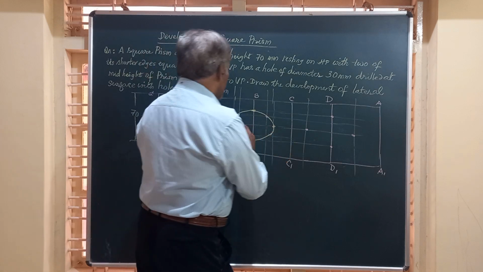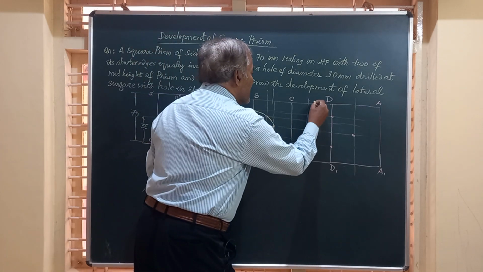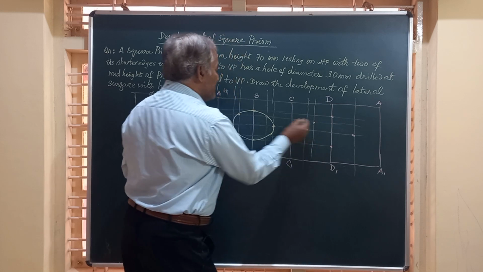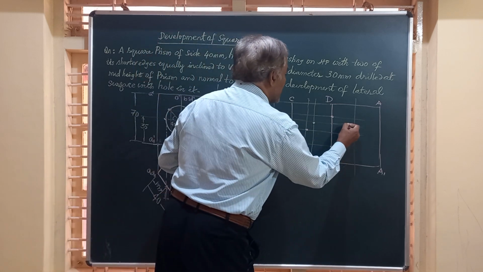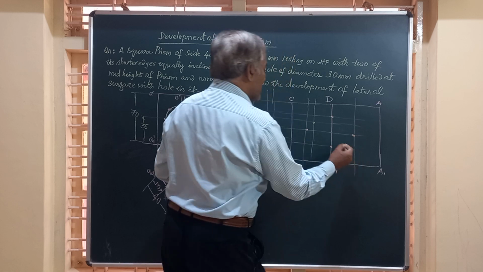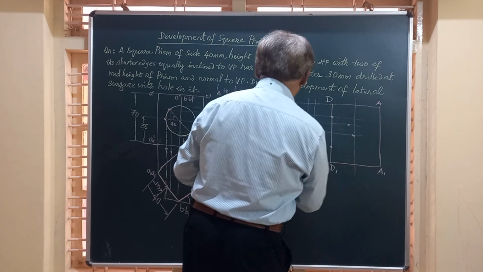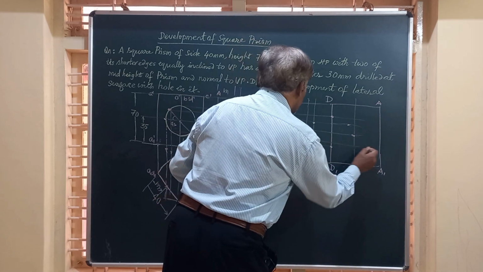Similarly, friends, you can take this measurement and mark the same measurement here. So the distance between these two is the same. And similarly on the other end also, you can mark and extend this line.